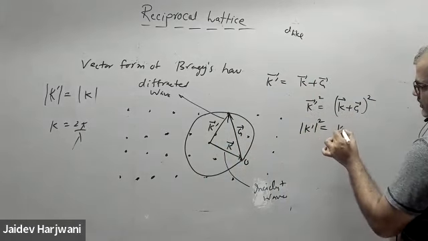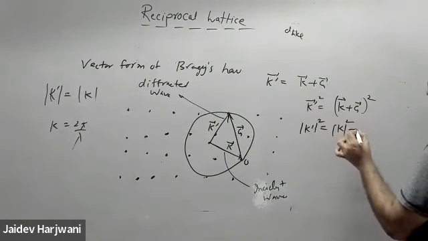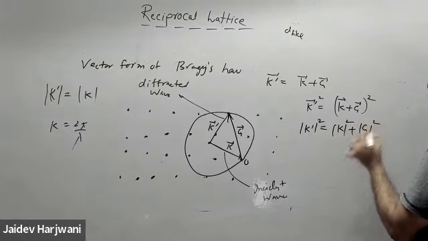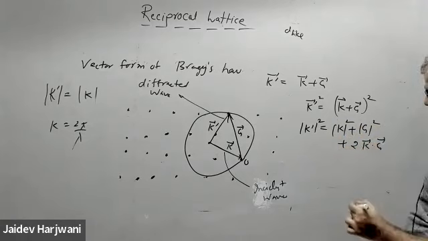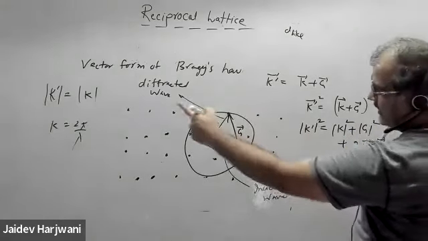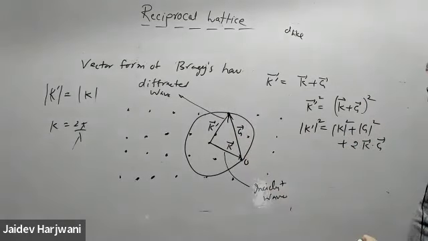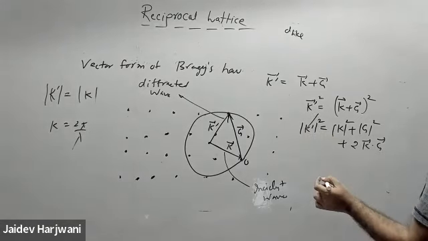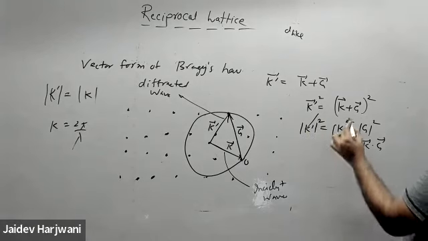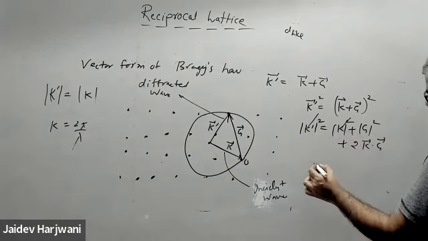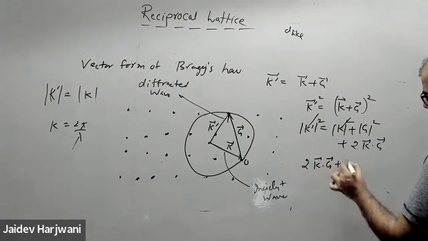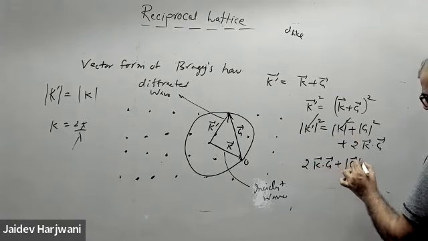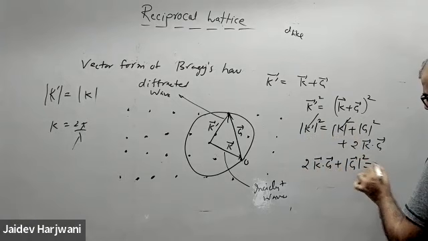So this will be K square plus G square plus 2 K dot G. Now K and K dash are equal, so they cancel out, and I will be remaining with 2 K dot G plus mod G square equals 0.